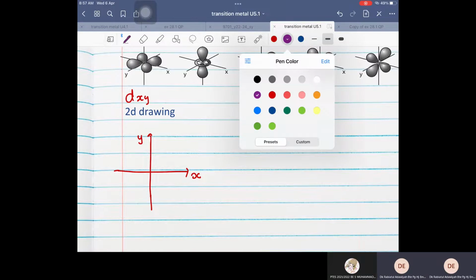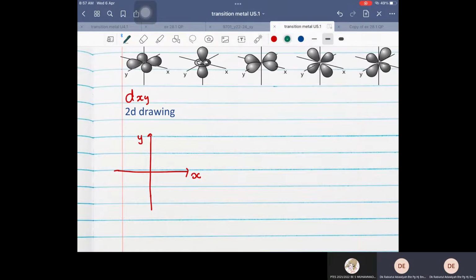By definition, my orbitals sit in between X and Y. Can you see that these orbitals are not sitting on the axis, but rather in between the axis? There's a difference between them. That is sitting on the axis in red. Green is sitting between the axis.